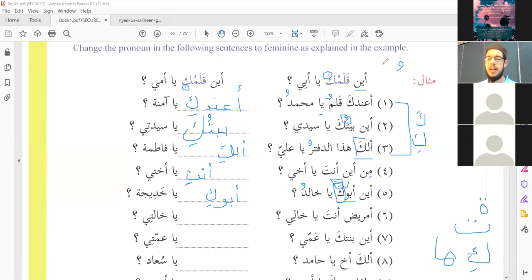Just like you learned that the kasra is the sign of it being majroor, just like you learned that the fatha was the sign of it being mansub. Those are called al-alamat al-asliya, right? They are the default indications of grammatical case, but they don't apply to all types of words.